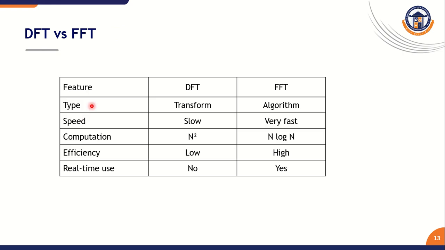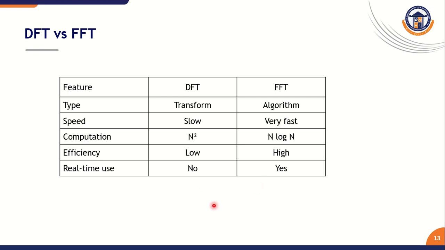Here we compare DFT and FFT. DFT is a direct mathematical transform and is computationally slow. FFT is the algorithm that computes DFT very fast using fewer calculations.